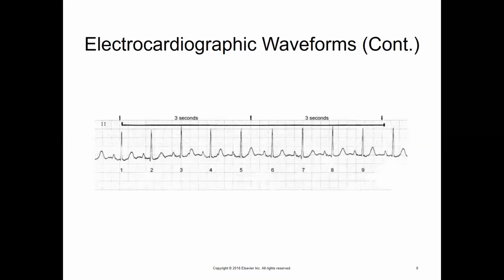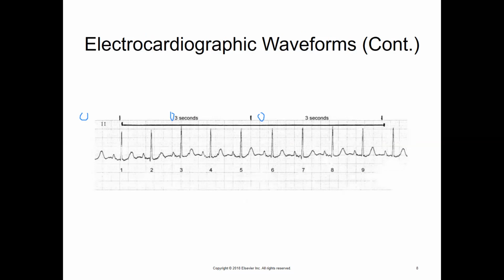So now that we're looking at this slide, you'll see there's a mark here and a mark here, and that represents 3 seconds. And then this next one represents 3 seconds. This is the most common way to count the rate.